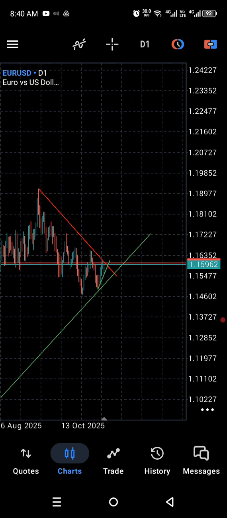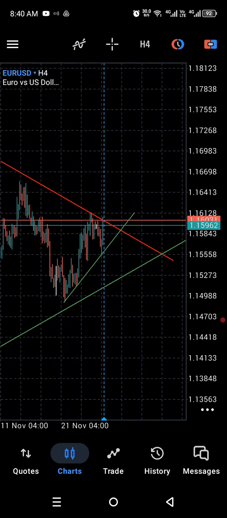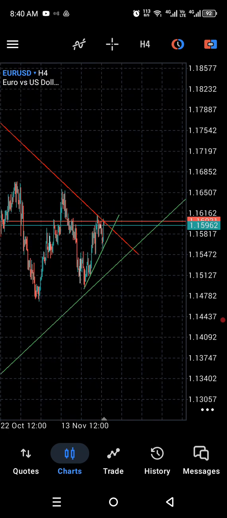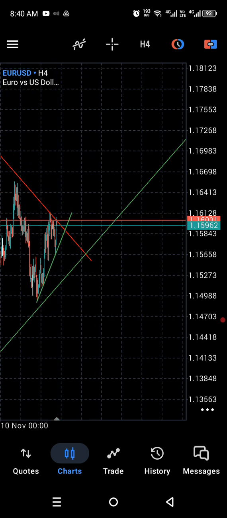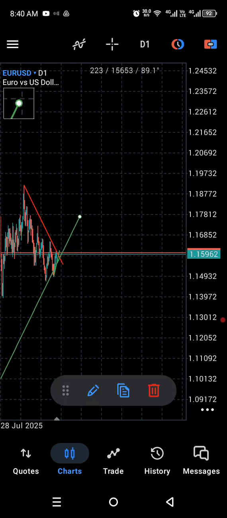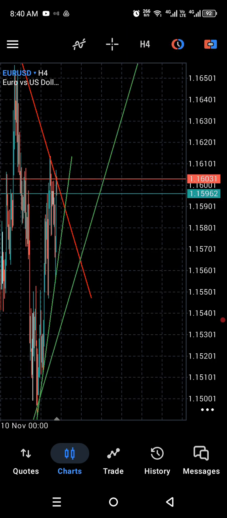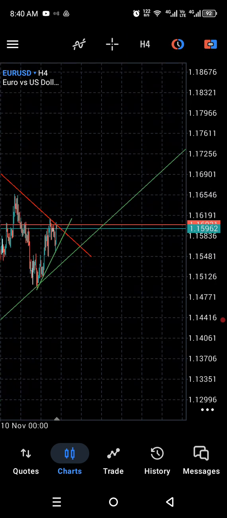Now we go to the 4-hour time frame. Like I said before, the last touch point on your daily time frame becomes your first point on the 4-hour time frame.